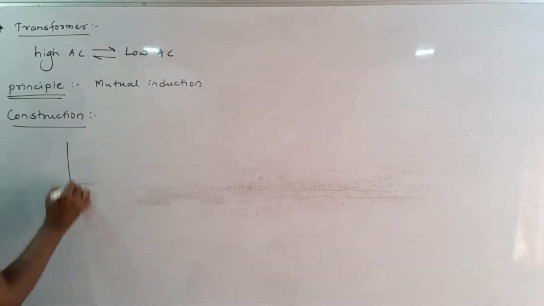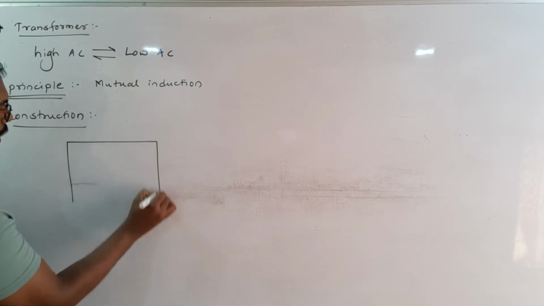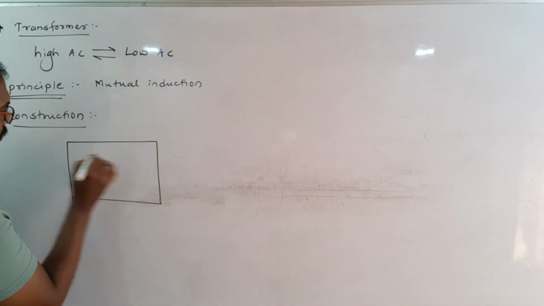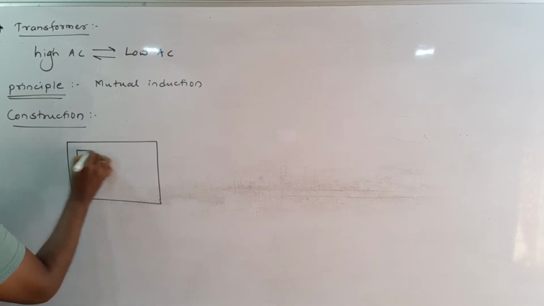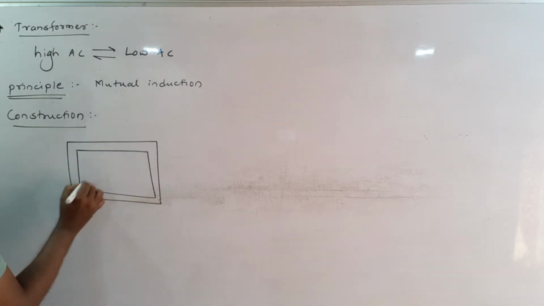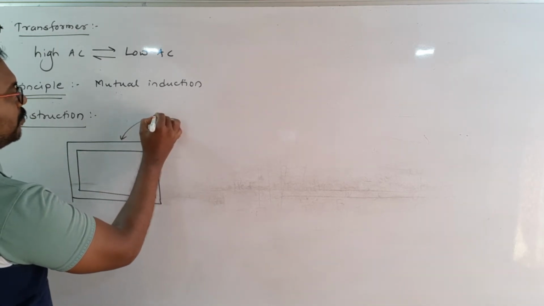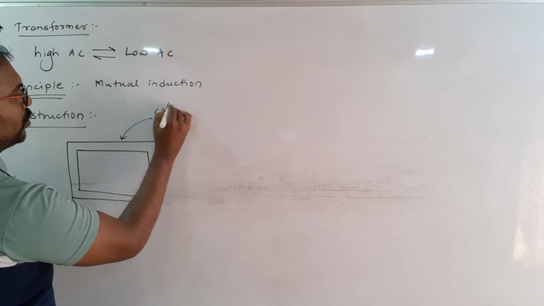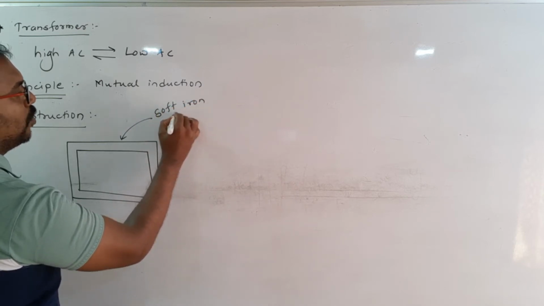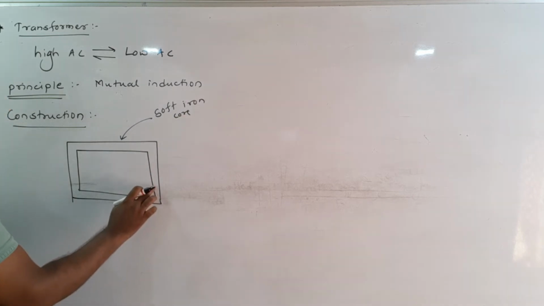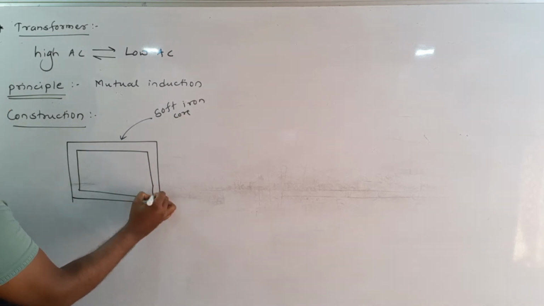Basically, a transformer consists of a rectangular soft iron core. You can see this is the rectangular soft iron core. The laminations are placed one above another, insulated from each other.